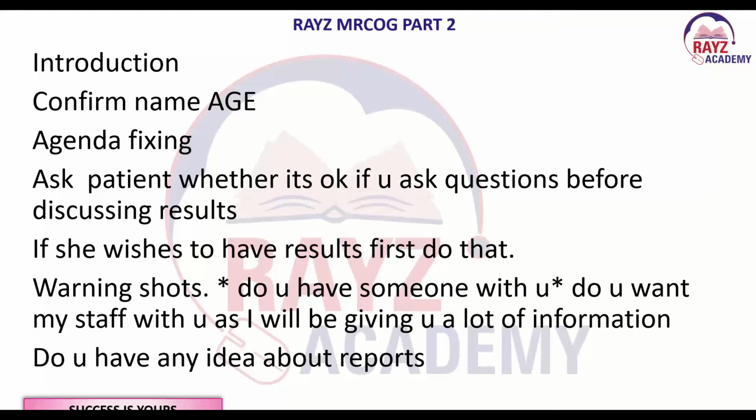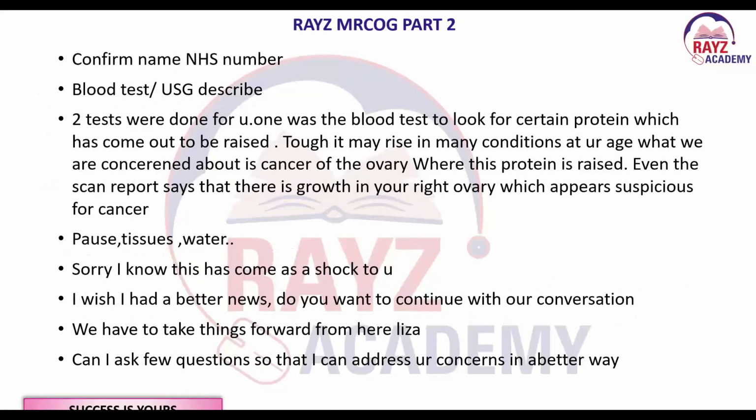Lisa, do you have any idea about the reports? No, I don't have any idea, doctor. Lisa, I've confirmed that these are your reports by your name and NHS number. Two tests were done for you. One was the blood test and the other was the ultrasound scan. The blood test was done to see for a protein which has come out to be raised in your blood.